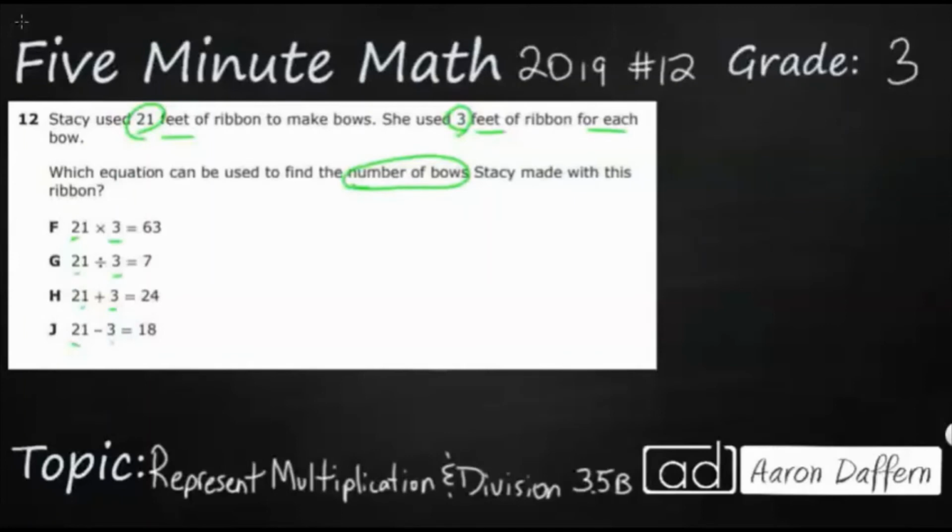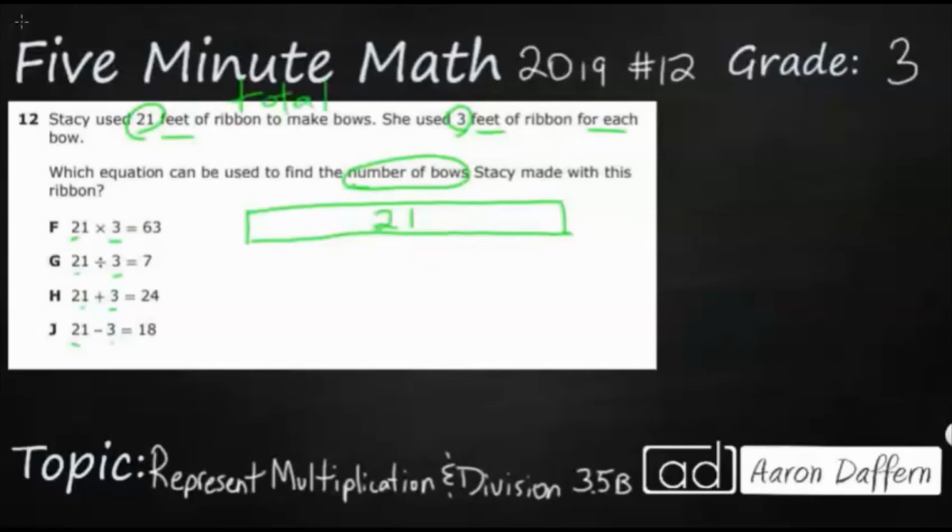What we are going to need to do is probably draw a picture, maybe a strip diagram. So let's see if we can draw a little bit of both. I'm going to start with this 21 feet, because it says she used 21 feet of ribbon to make bows, and to me, this looks like my total.